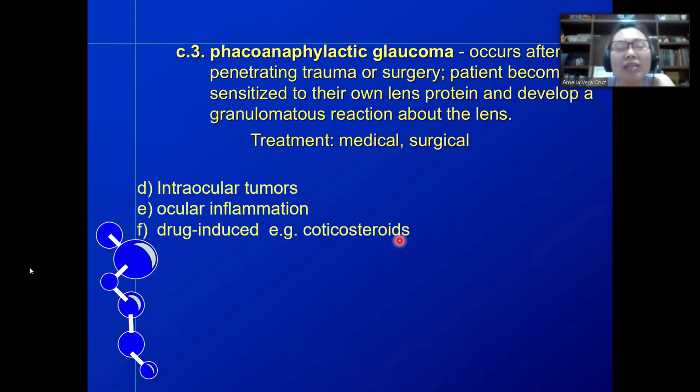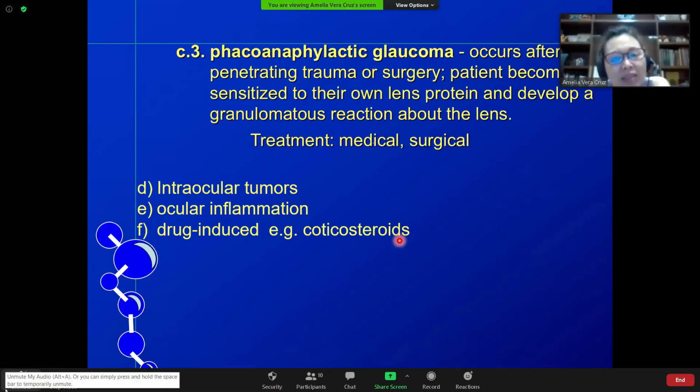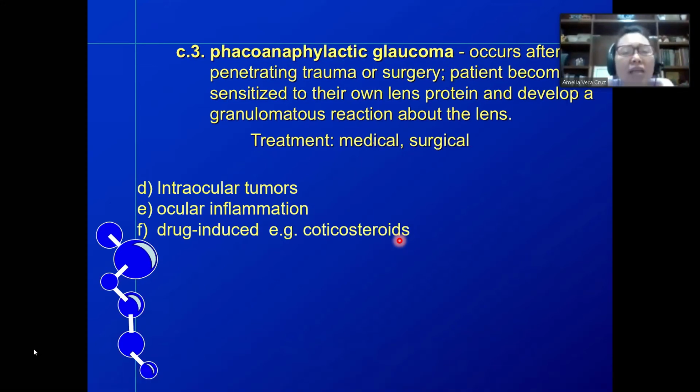So, your immune system is not aware that you have those kind of proteins. Okay? So, once the lens proteins will go out of your lens capsule, it will cause an allergic reaction inside your eye. Okay? So, it could cause uveitis. That is uveitis actually. Your phacoanaphylactic glaucoma is a uveitic glaucoma.